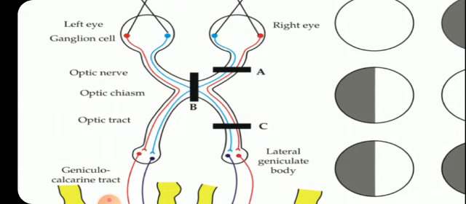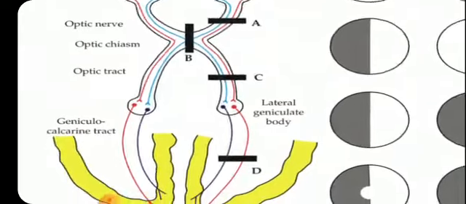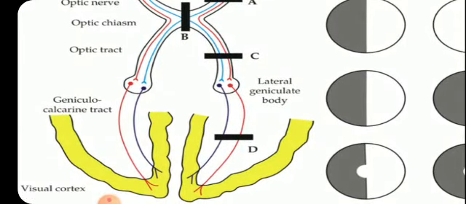Now, you can see lesion B, which is actually a lesion at the optic chiasma. Now, lesion C, which is lesion of the optic tract of the right side. Now, lesion D, which is a cut or a lesion of the geniculocalcarine tract.